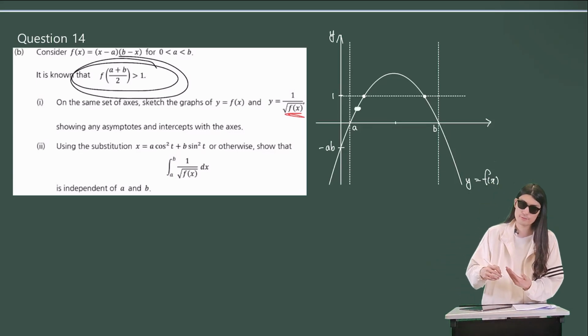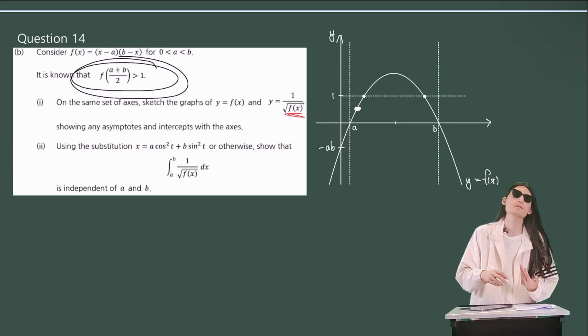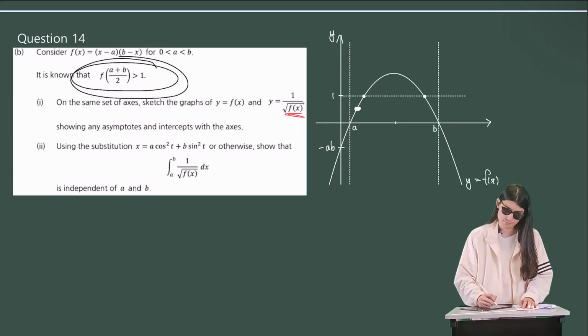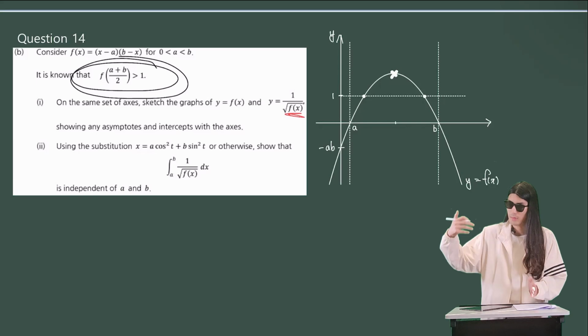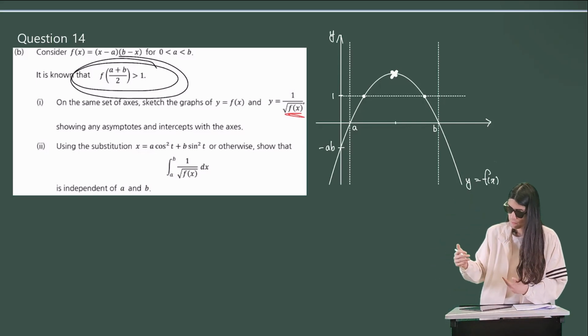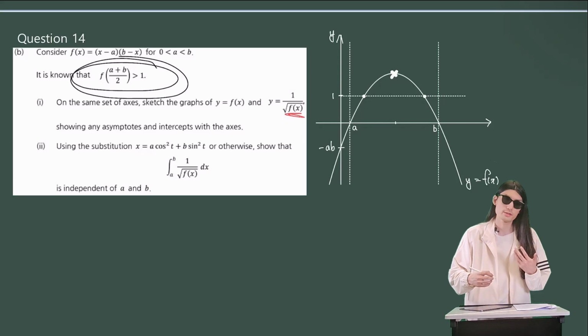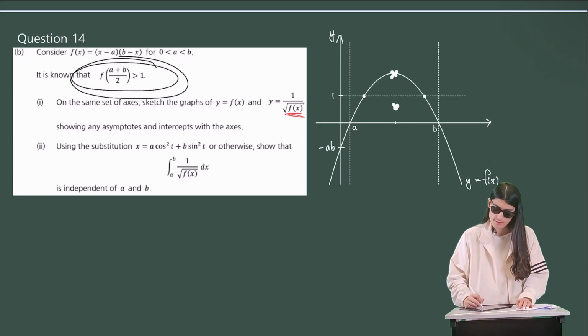Then for my transformed graph, what is 1 over square root of half? Oh, it's the square root of 2. Okay, vice versa, right? Here, my f of x value is 2. So for my transformed graph, what is 1 over square root of 2? It's 0.707. That's down here.